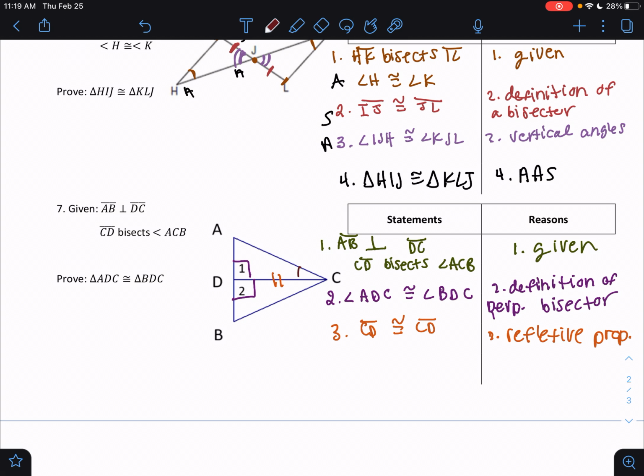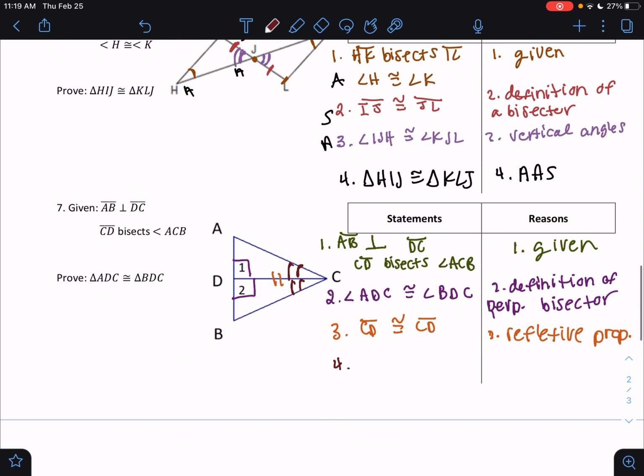And because it bisects it, it just cuts it in half. And so that is just the definition of a bisector.